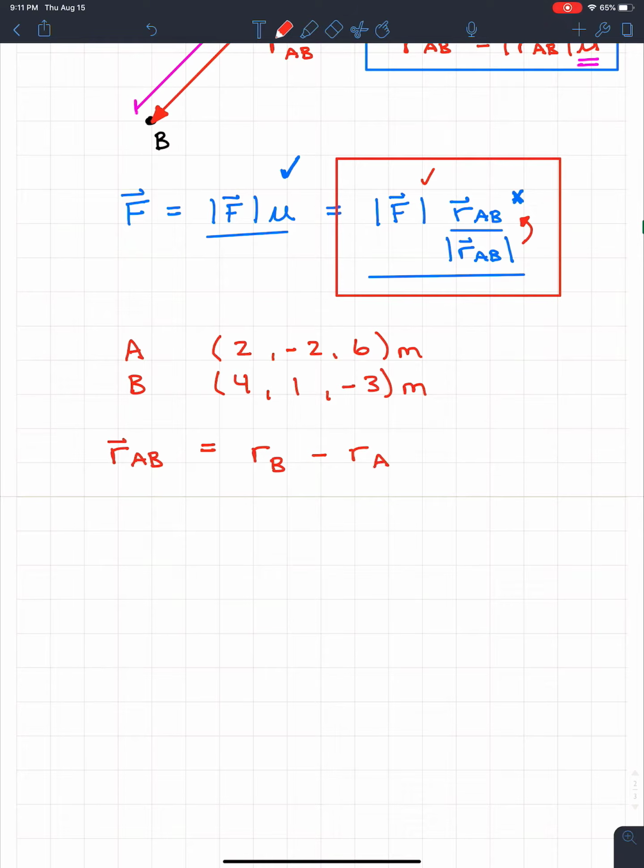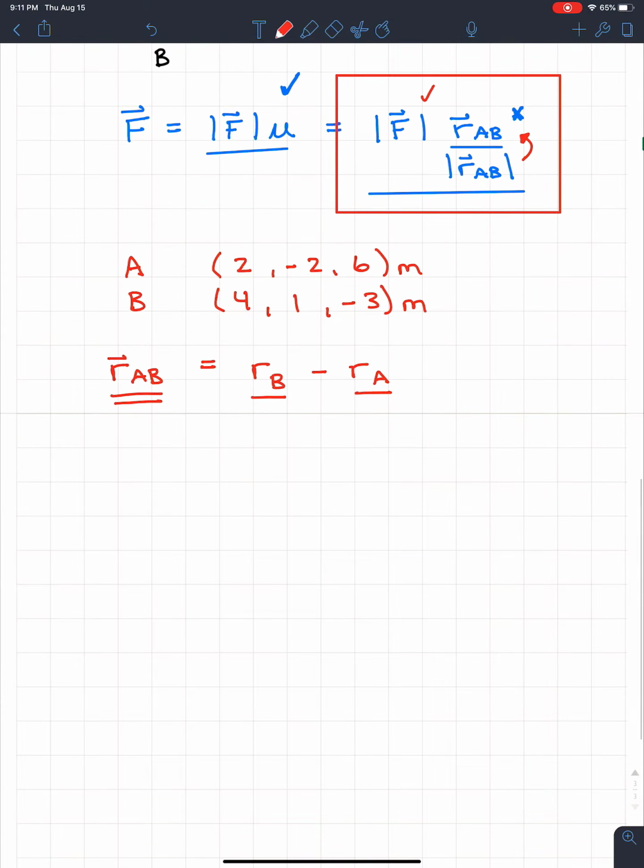This is important to know, because one of the things that messes up the most students is they look at position vector AB, and since A is before B in these subscripts, they think it's RA minus RB, but that is incorrect. What you do is you start with the final point and you subtract its initial point, which makes sense because we're ending up at that last point and we need to subtract any initial point that we started with to get that relative distance.